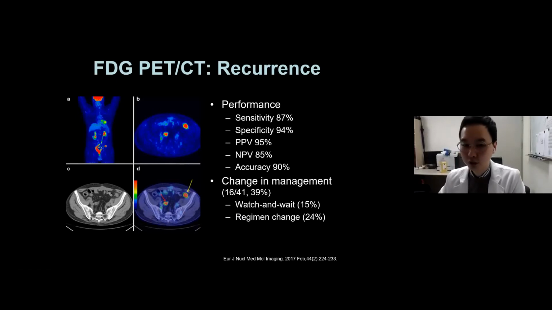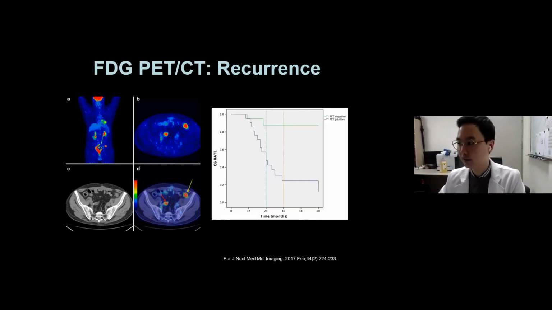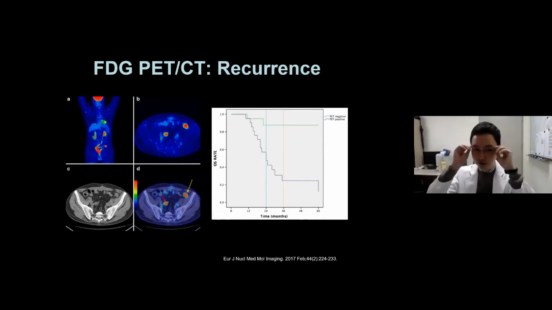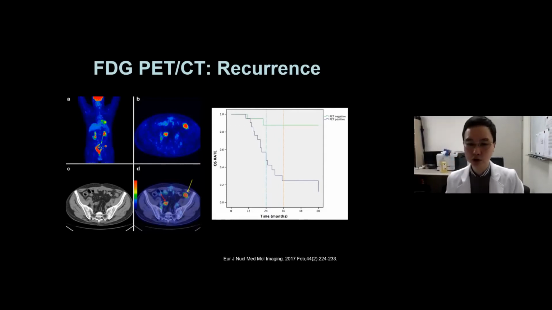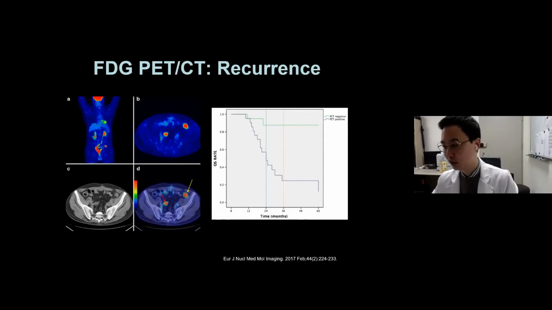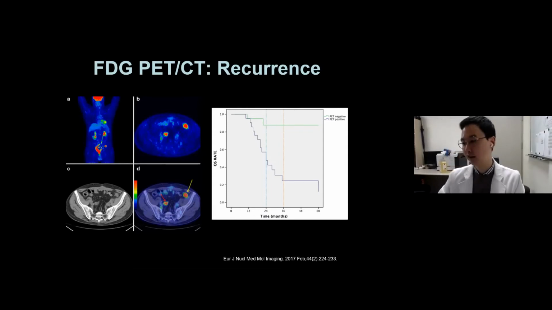They also showed that FDG positivity or negativity in the recurrent regions is indicative of the prognosis of the patient. Patients with negative FDG uptake in the recurrent lesion had a good response, which showed a significant difference in overall survival.